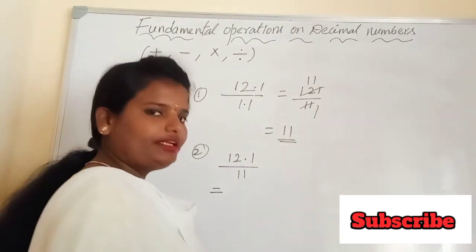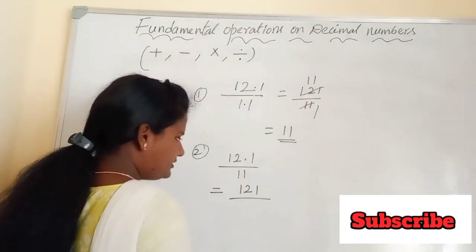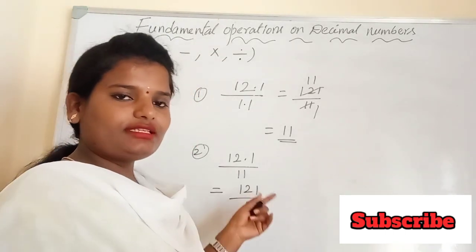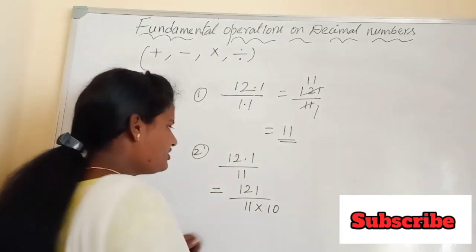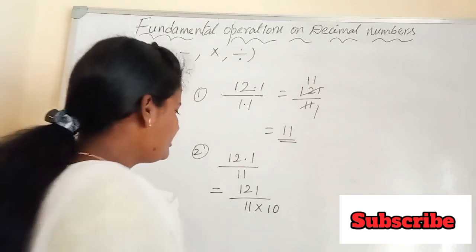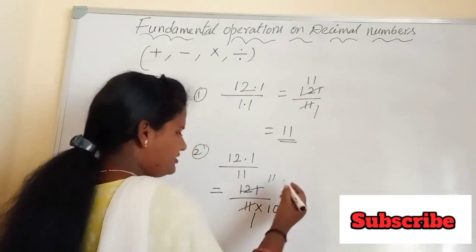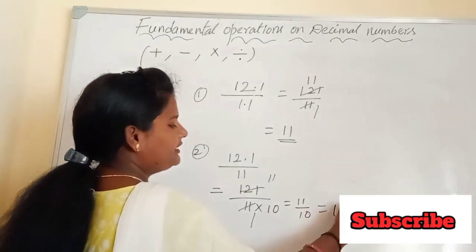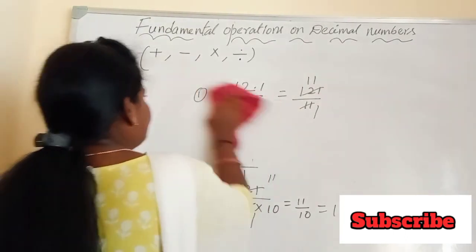In the numerator after the point there is only one digit, so we ignore that point, and for the denominator we take 10, a 1 followed by zeros. Suppose after the point 2 digits were there, then we should take 100. Done, right. So now we do normal division only. 11 ones are 11. So finally what will we get? 11 by 10 is nothing but 1.1. Right. Easy only, right? We will see another example also.